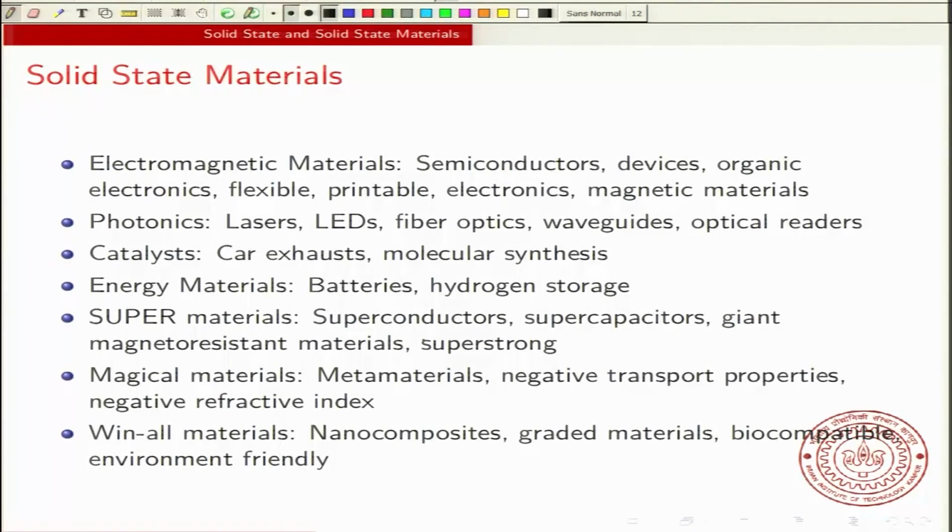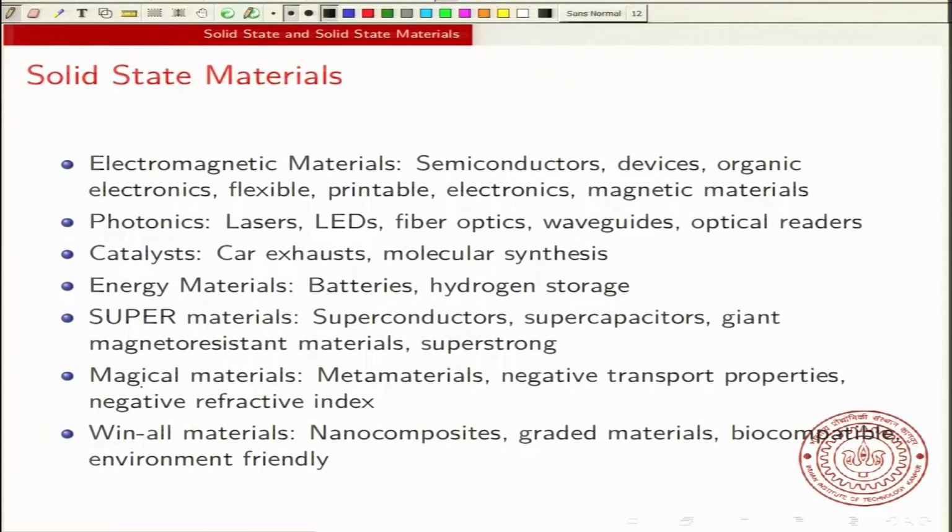You can have a super capacitor, giant magnetoresistant materials, the GMR materials, which are used in a lot of storage devices. You can have materials that are super strong. Again, these are solid state materials where for some reason or the other the properties are unexpectedly good.